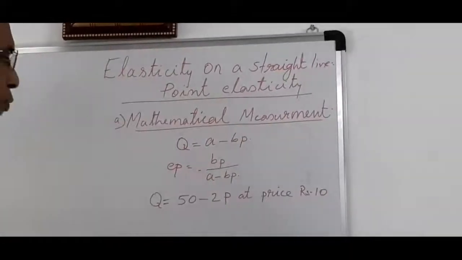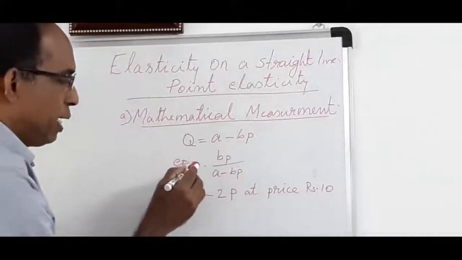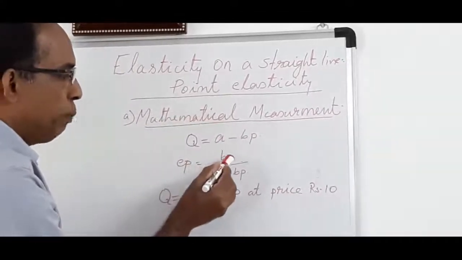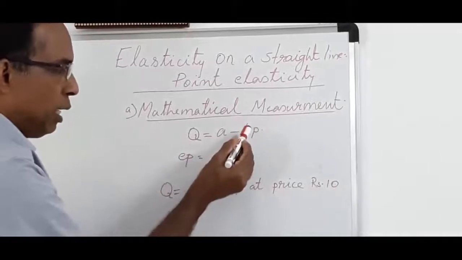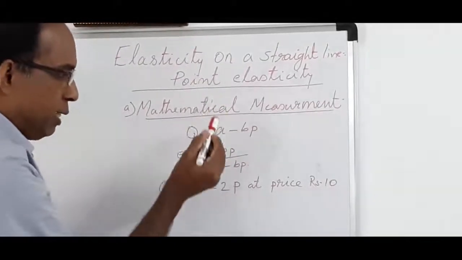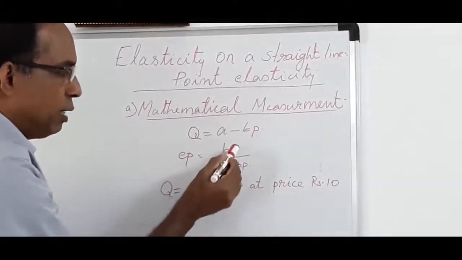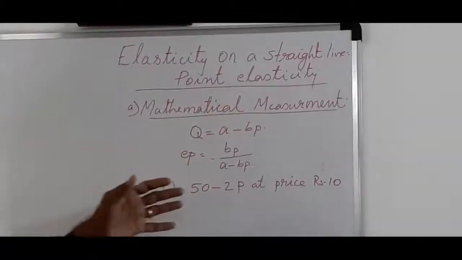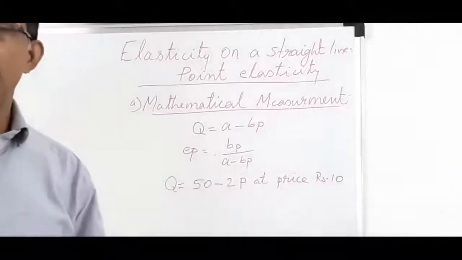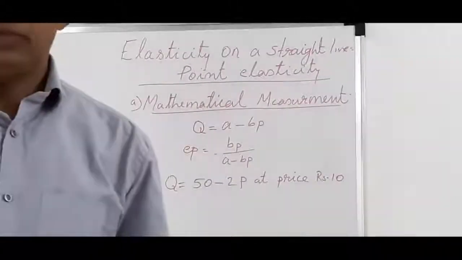And just apply the formula, elasticity of price is equal to BP divided by A minus BP. When we do an example, this formula will be very clear to you.